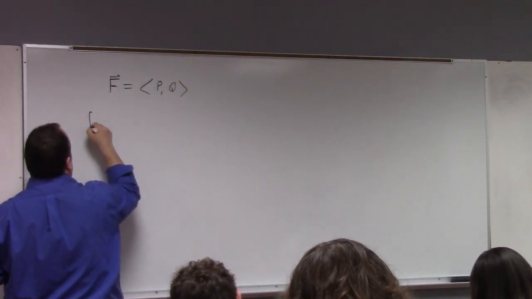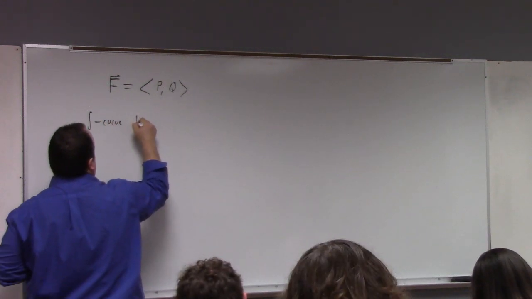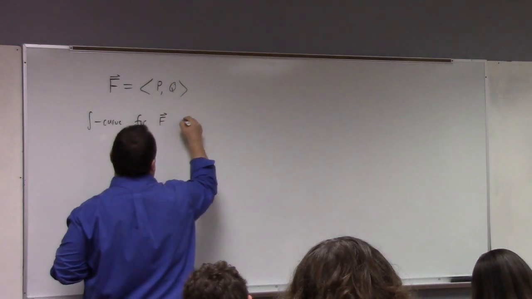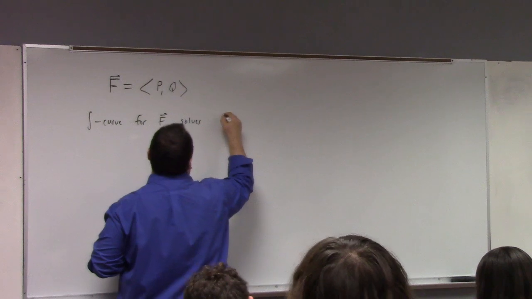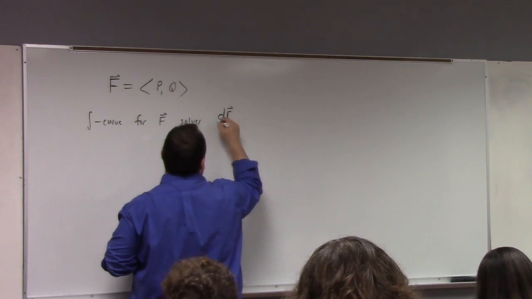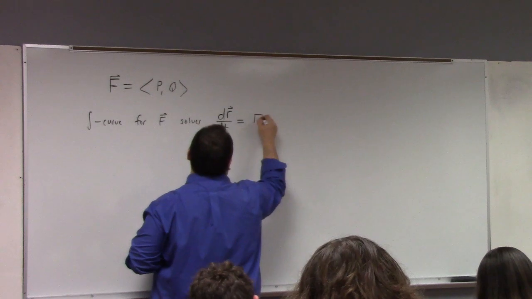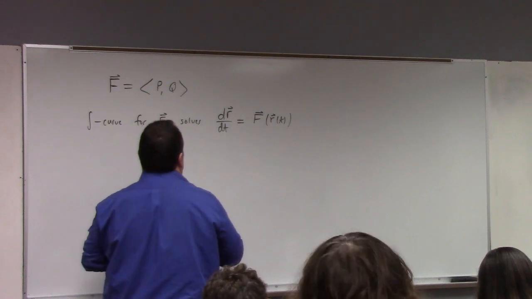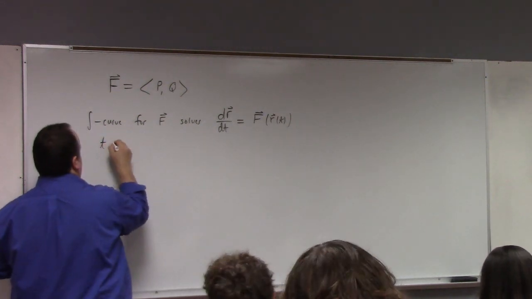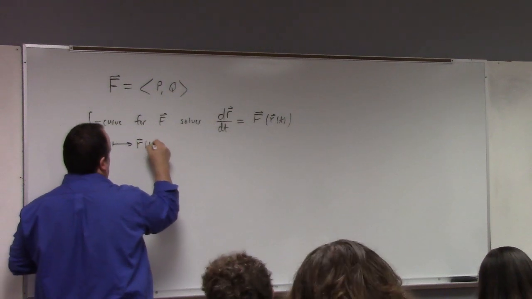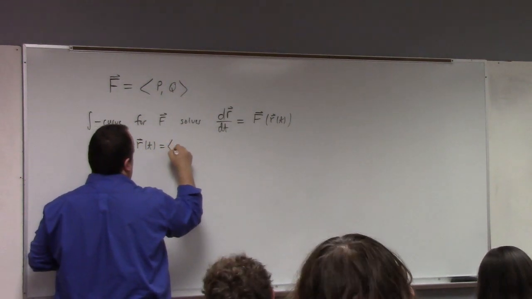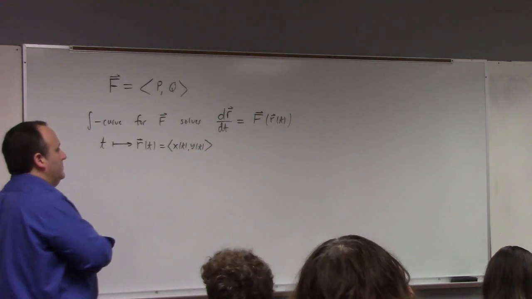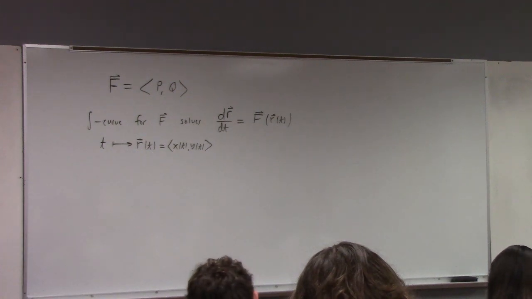So the integral curve for f solves, let's say, dr/dt equals f of r of t. So t maps to r of t, which you could also write as x of t, y of t. This would be a parameterization of the integral curve, right?